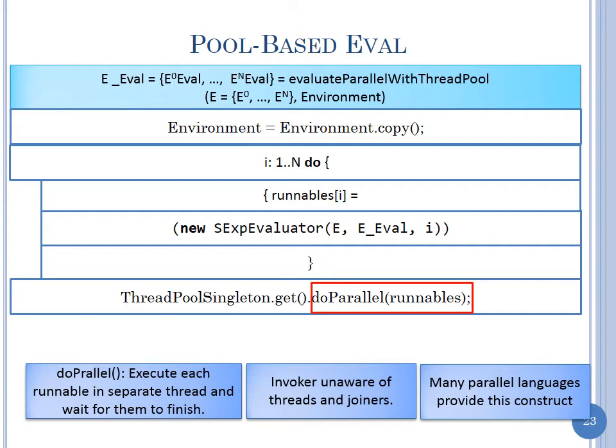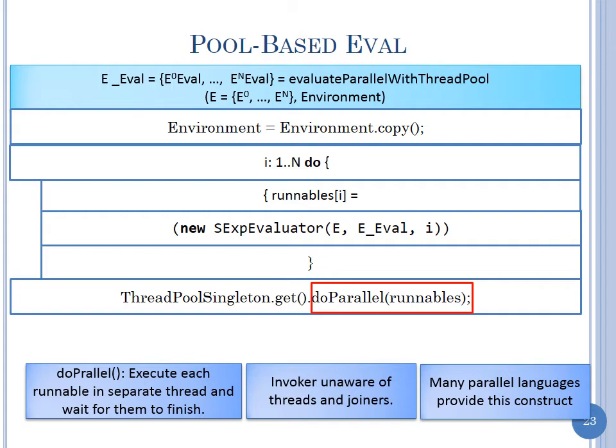That's something that's very specific to eager evaluation. And then it goes and uses this magic class, which is not so much magic, because we did see a lot of it last time, which is a thread pool. We have only one thread pool in the whole environment, in the Lisp environment. So we get its singleton, and we say do parallel, which is a high-level construct that gets a list of runnables.